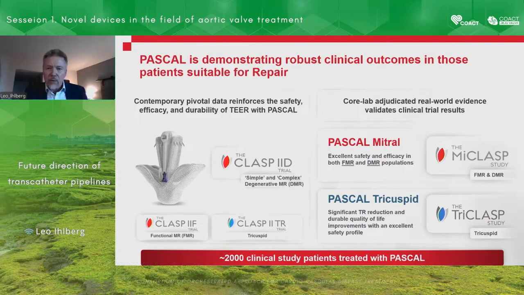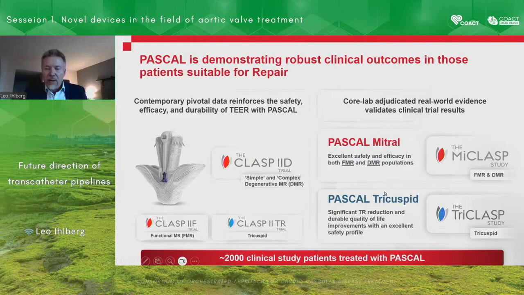Further to that, we are also doing real-world studies that validate these results. The Pascal mitral study called MyClasp has been showing excellent safety and efficacy in both functional and degenerative populations.